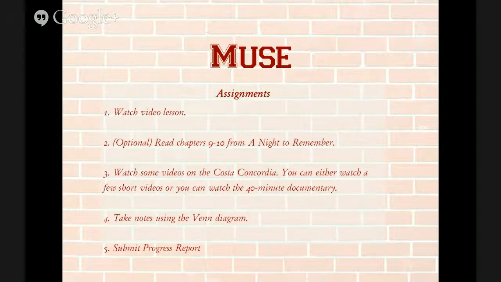Just watch a few of those, or if you feel like it, you can watch the entire 40-minute documentary that those clips are taken from. So it's up to you, but either way, it should give you a good foundation on what happened aboard the Costa Concordia. And then your fourth assignment is to take notes using the Venn diagram. So print that out. You may want to print that out while you're watching the videos. And lastly, submit your progress report.